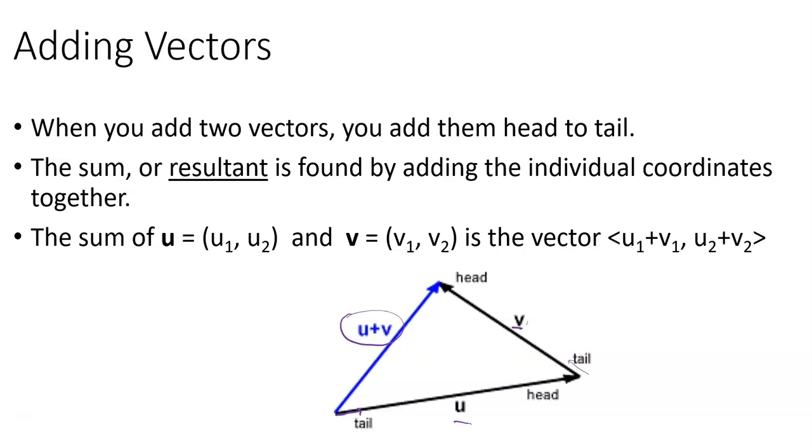Notice that when they added the vectors u and v, they added the head of vector u to the tail of vector v. If they're not listed head to tail, we can move them so that they are head to tail, and then we can add those vectors together and get some idea as to what they do. This is sometimes also called the triangle rule, because you notice the vectors u and v, and the sum of those two vectors form a triangle.